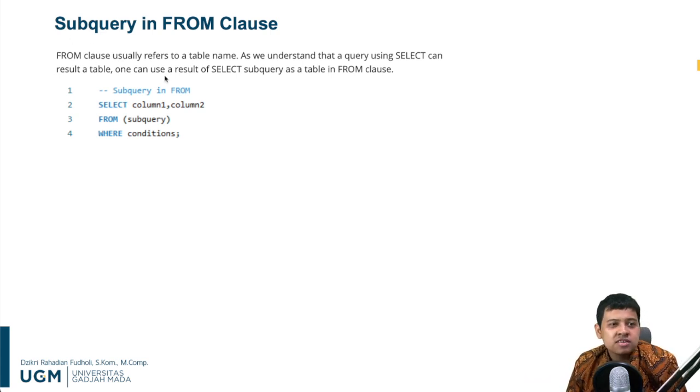The syntax is SELECT column1, column2 FROM a subquery, not from a table. That's totally fine, where conditions apply. If we SELECT star from the subquery, we can just run the subquery itself.